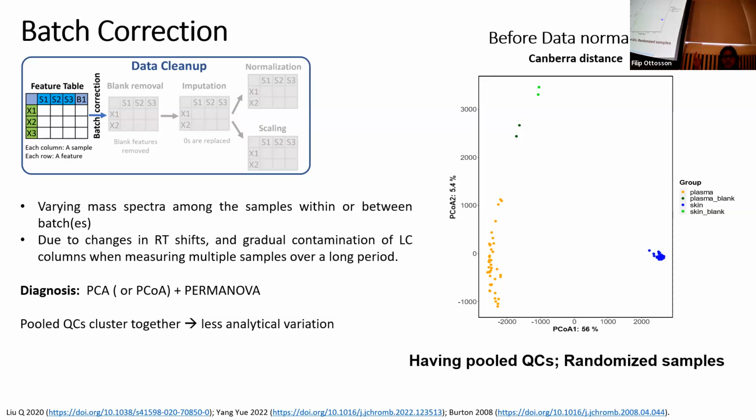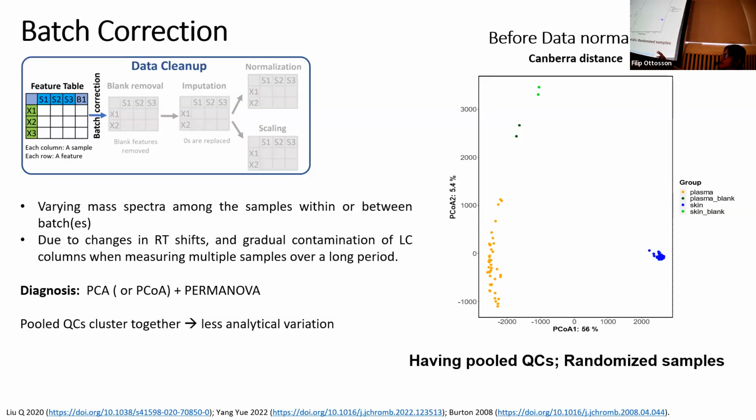As Martin already showed in his talk, it would be great if you had your pooled QCs, so you could observe their intensity changes. And also one more thing is that you've got to randomize your QC samples across your batches.